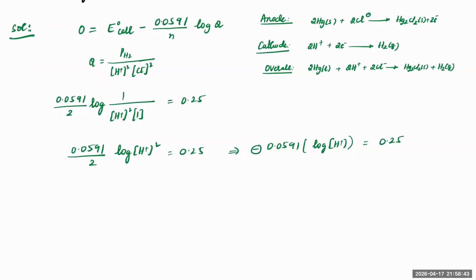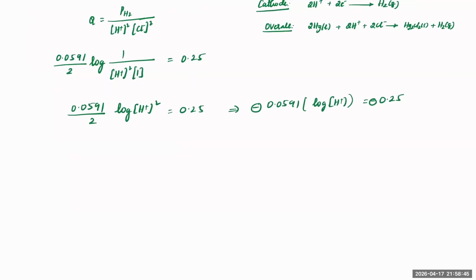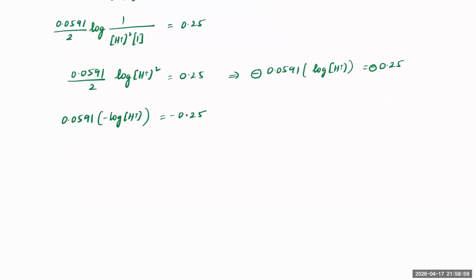Multiplying by minus on both sides, that makes it 0.0591 times minus log of H plus ion concentration equal to minus 0.25.